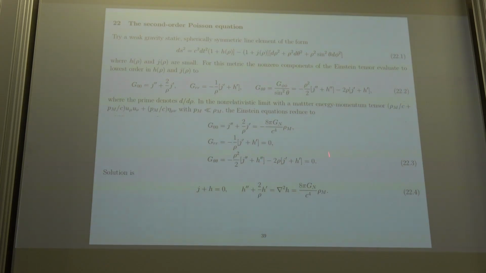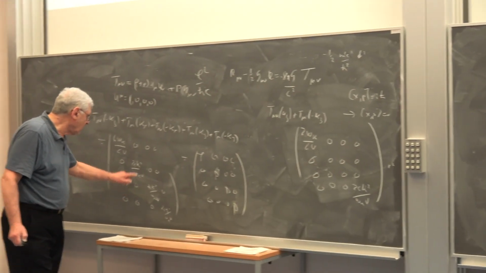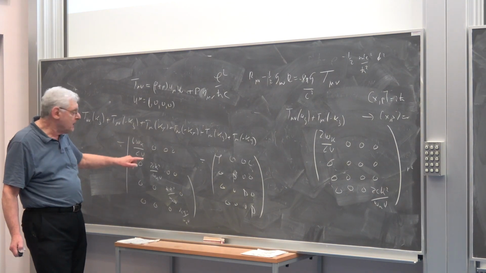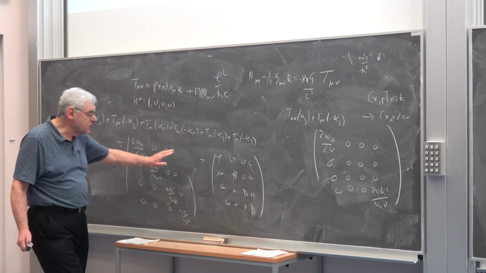But if you did this, you get this j and h. And so now we get g00, grr, and g theta theta. But now what about the source? Well, for a non-relativistic system, the pressure is negligible. Omega k, don't forget, is the square root of m squared plus k squared. So m is very big, k is very small, and it's just rho.